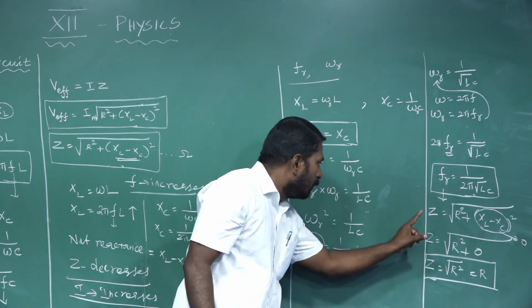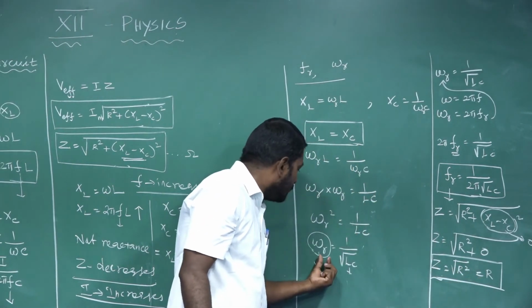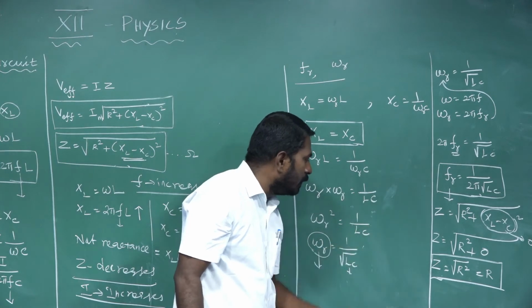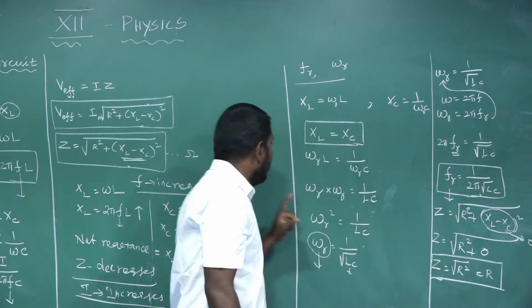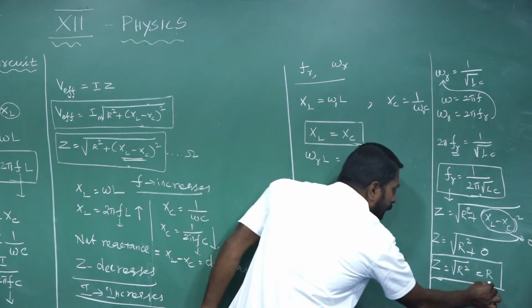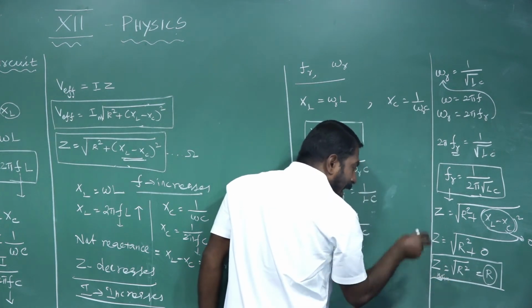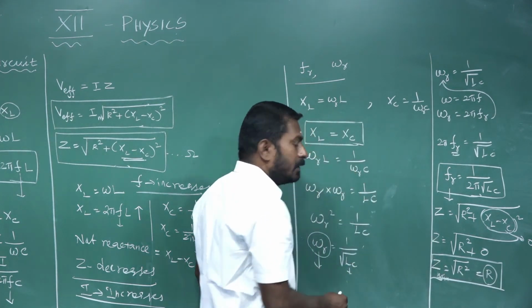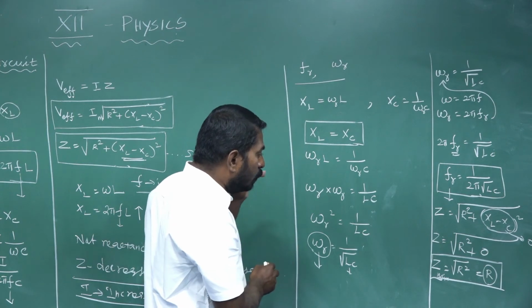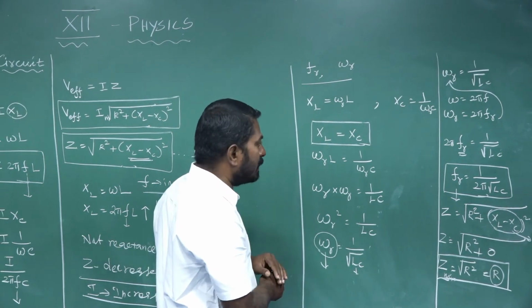So at that particular frequency and angular frequency, omega r and fr, the series RLC circuit is purely resistive. The impedance is minimum. At that moment, the impedance of the series RLC circuit is minimum and the current through the series RLC circuit is maximum.